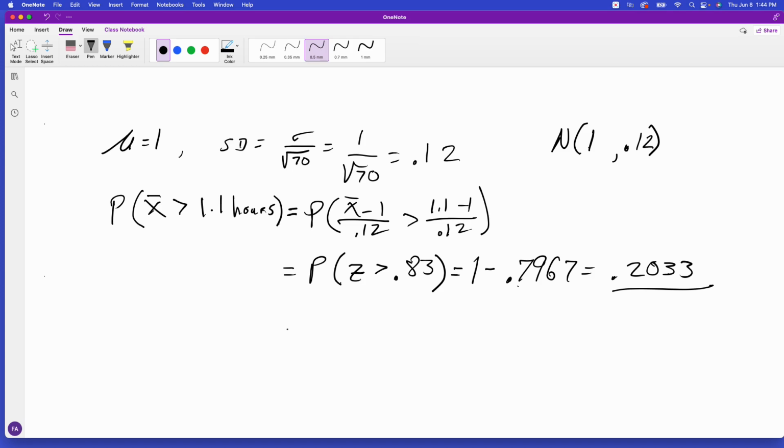If we redo this process and ask, what's the probability of x bar being greater than 1.25 hours? Just redo the calculation like we did above. You go through the same process, subtract 1, divide by 0.12, and then you end up with the value dropping down to about 0.02.